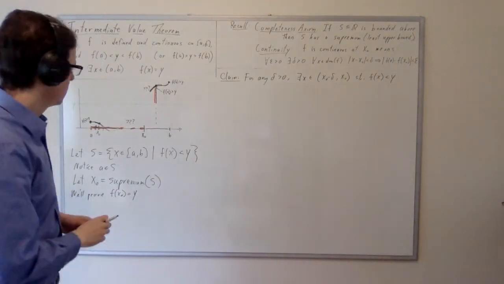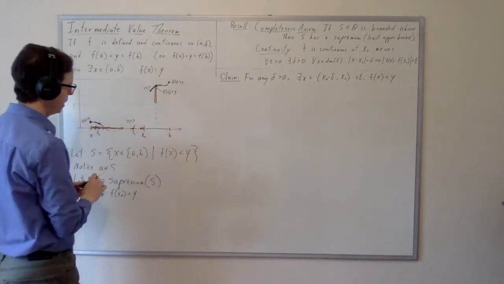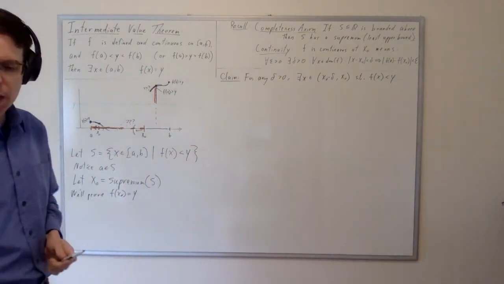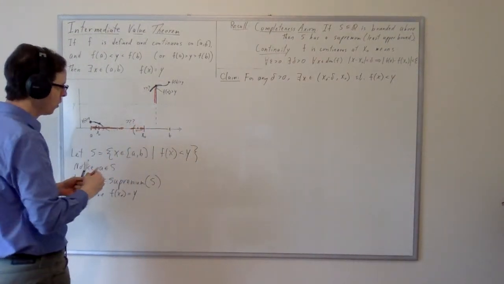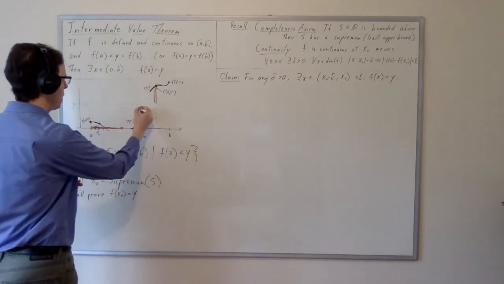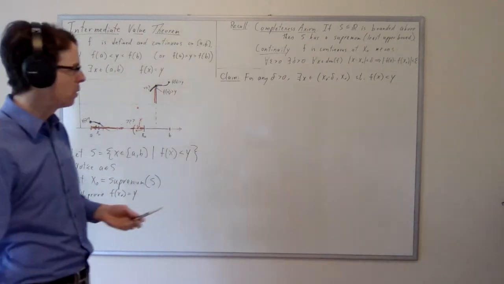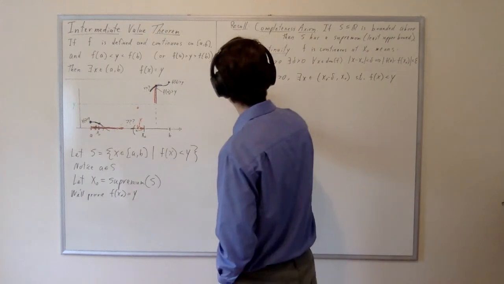Okay, so basically what I'm saying here is, if you look even slightly to the left of x naught, then you will find some orange points in there, right? You will find some x values, some x, and f of x will be too small. And that's because x naught is going to be the supremum of S. So let's prove this next.